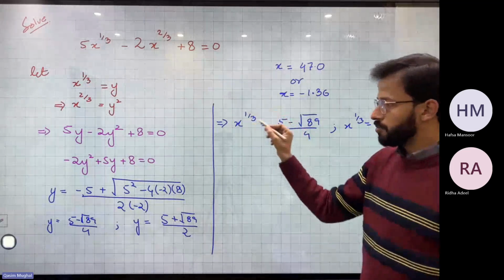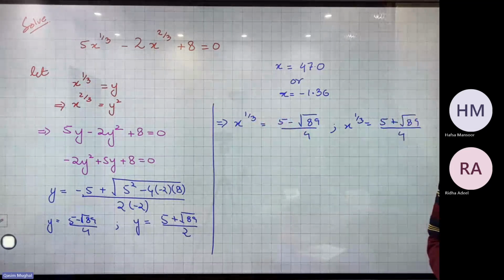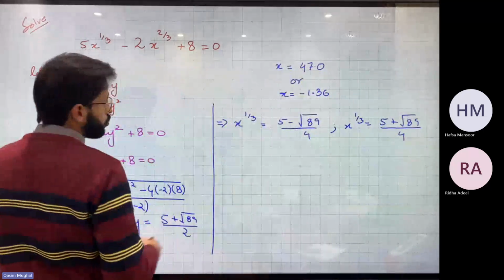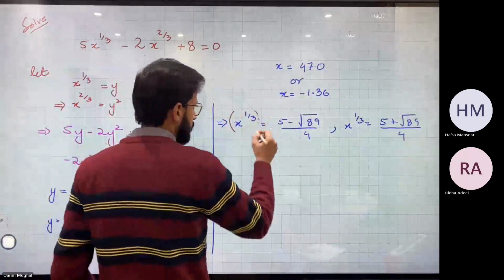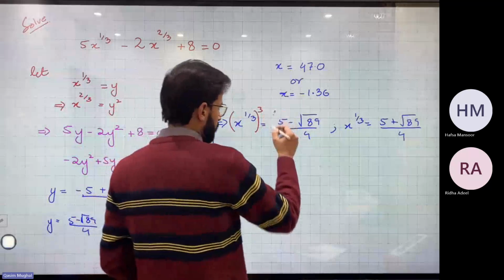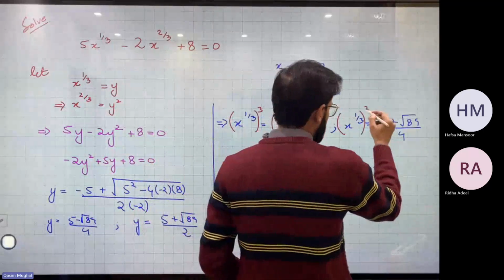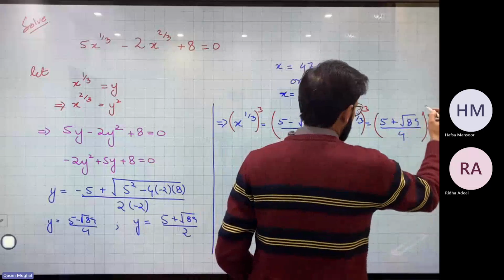Now, in order to make this power 1, what will be the reciprocal of 1 by 3? 3. So we will be taking cube on both sides. Power 3 here, power 3 here, power 3 here, power 3 here.